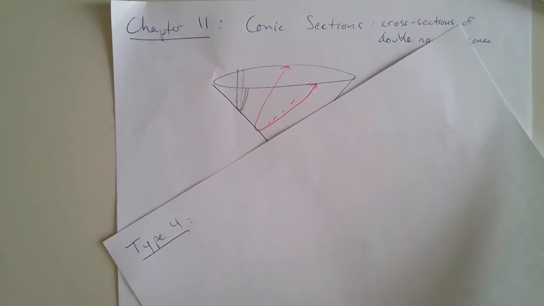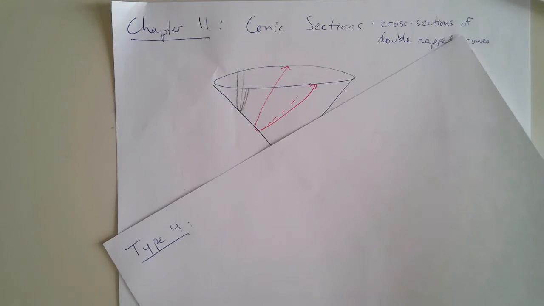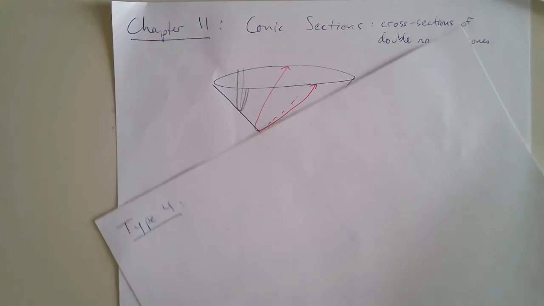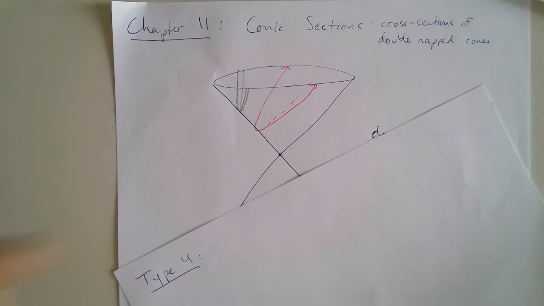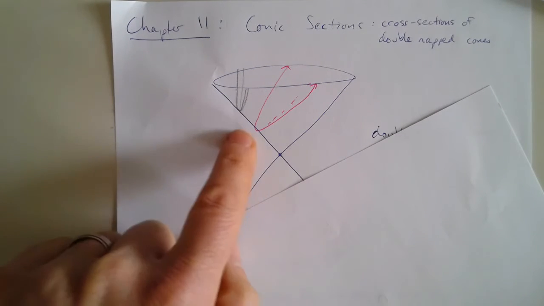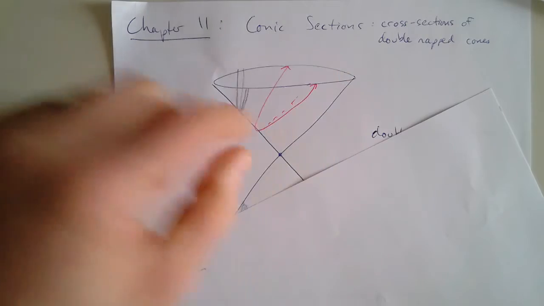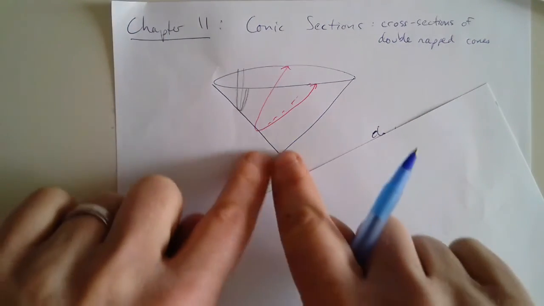Okay, you can see it only is going to intersect one of the cones, either the top or the bottom. But you can see that it hits the ends, unlike the parabola. Just remember these cones go on forever and ever. They're unlimited in their height. That's why it's going to go up.